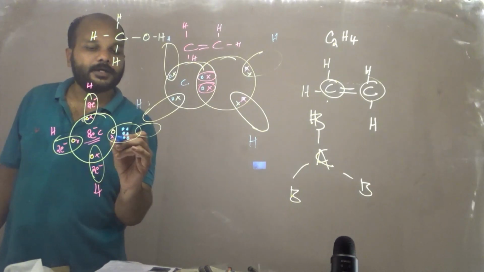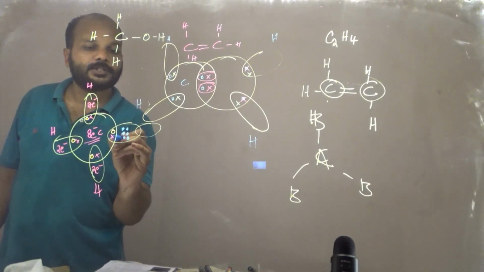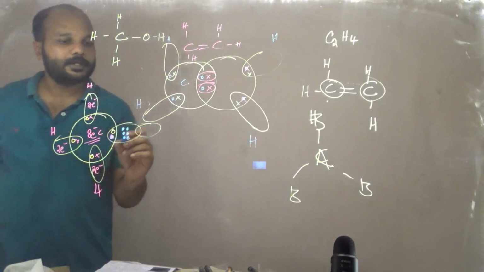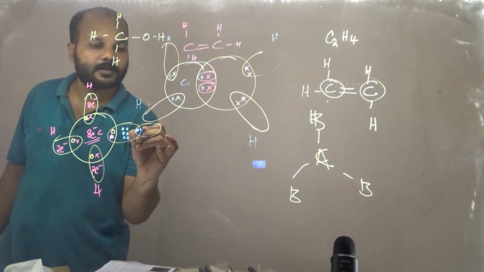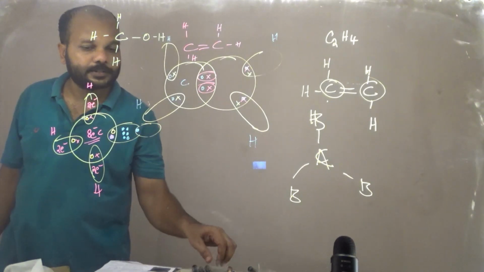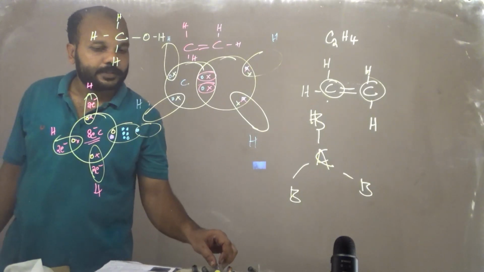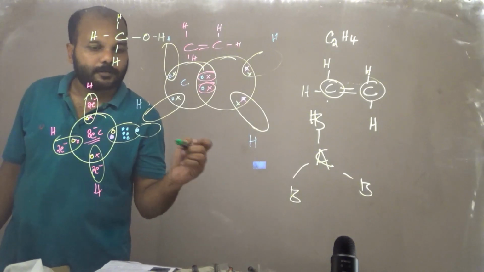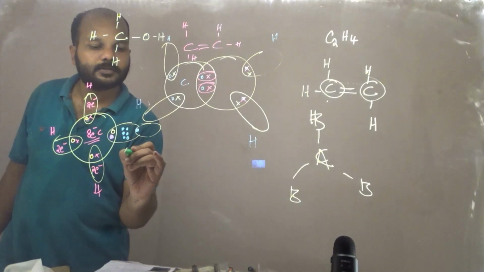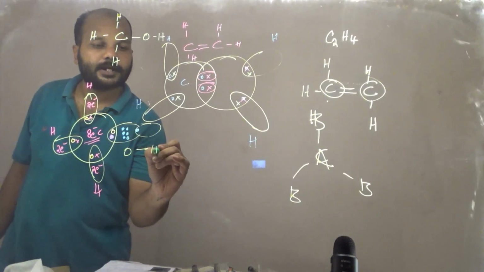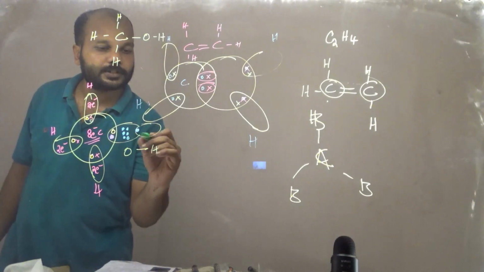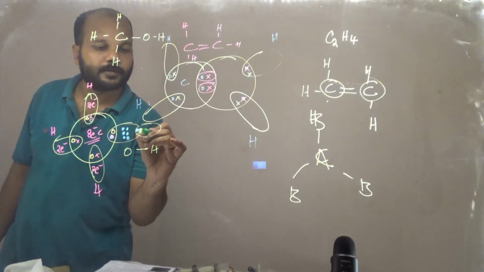The 7th one is supposed to come here, and the 8th one is supposed to come here. I will draw this a little bigger. So this is oxygen, and this is again hydrogen. For hydrogen, this electron is supposed to come here.